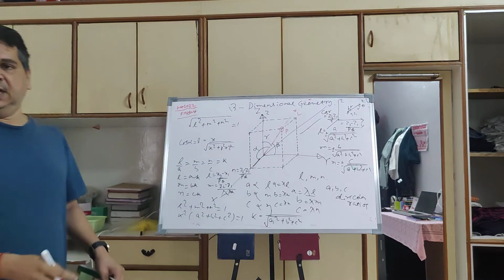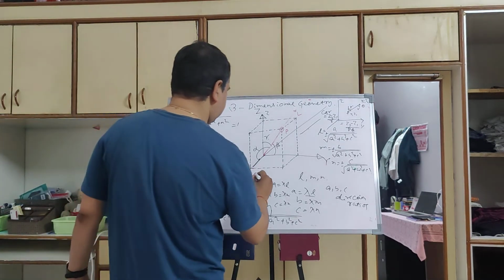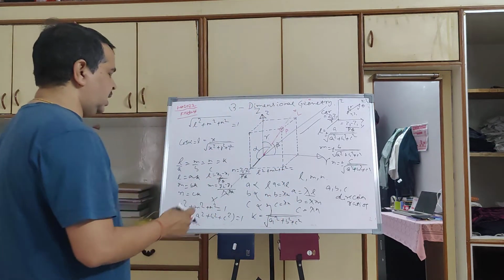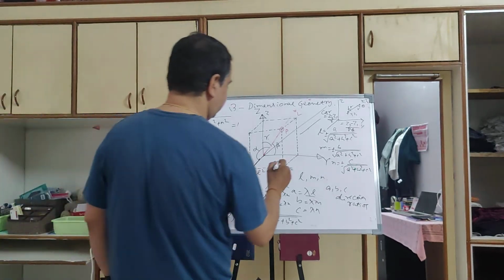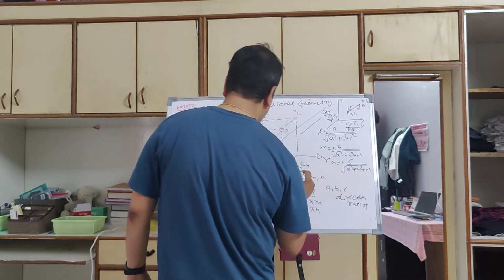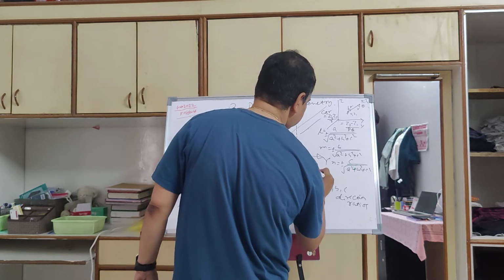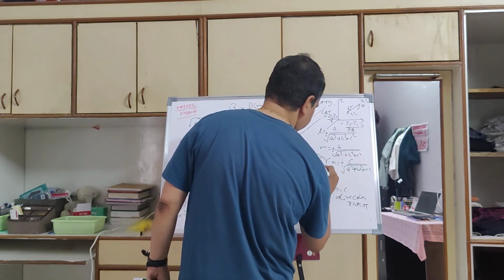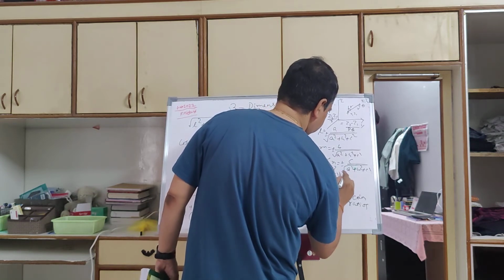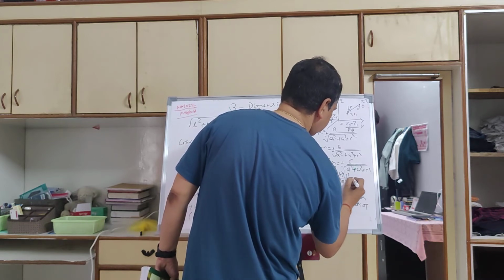Knowing all this L, M and N, I can take the squares, and I know L square plus M square plus N square is equal to 1. If you simplify it, it becomes x2 minus x1 whole square by PQ square plus y2 minus y1 whole square by PQ square plus z2 minus z1 whole square by PQ square is equal to 1.